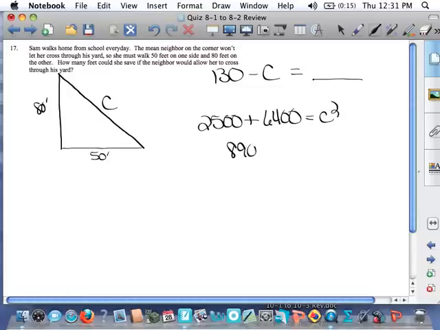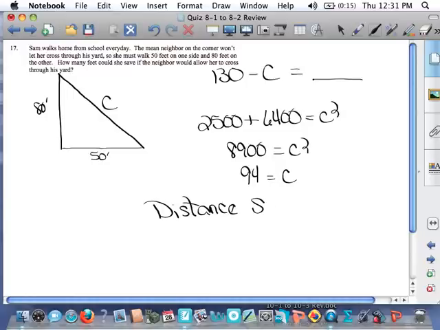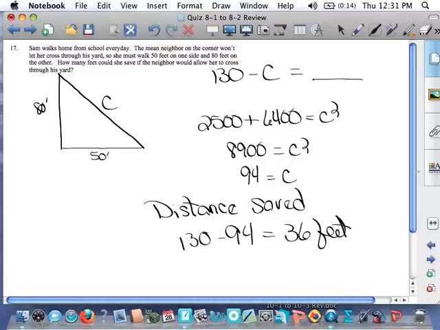So 8,900 equals c squared. Take the square root of 8,900 and you get 94.3. So we'll just round that to the nearest foot. For these word problems, we're going to round to the nearest foot. So then the distance saved would be 130 minus 94, or 36 feet.